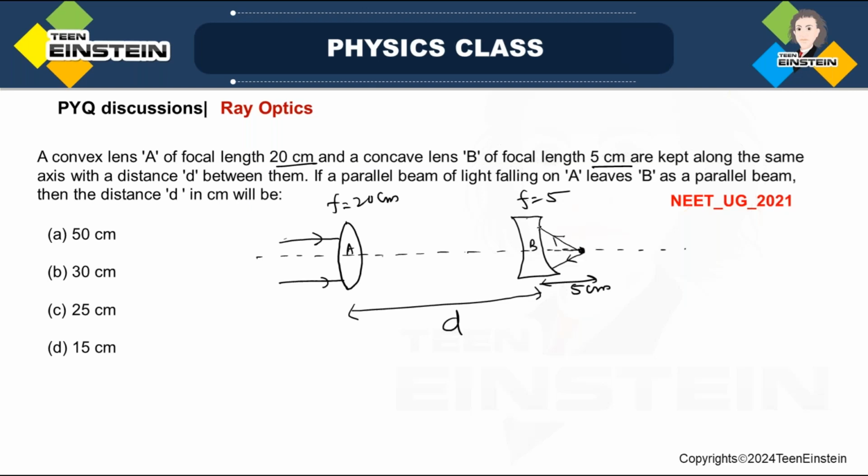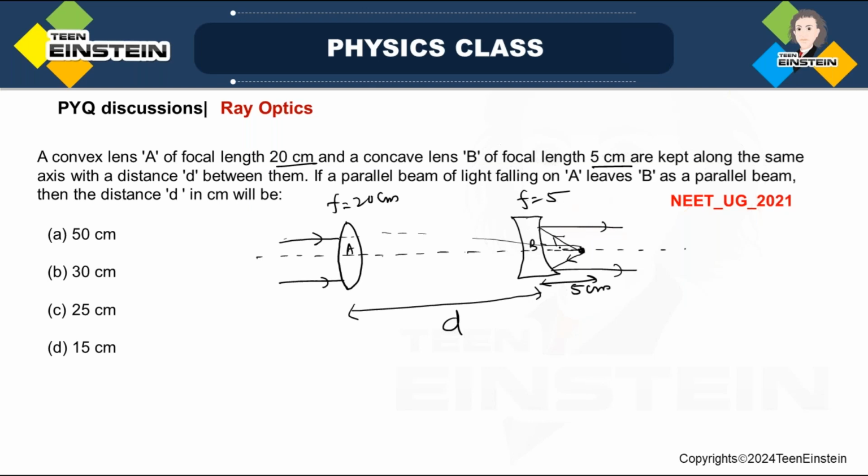So this has focal length 5. Now they are separated center to center distance d.